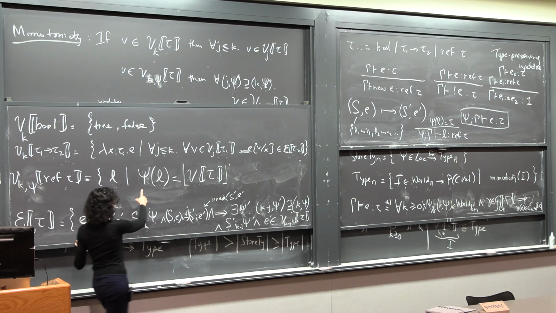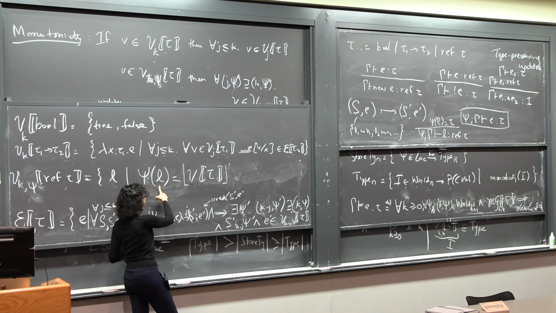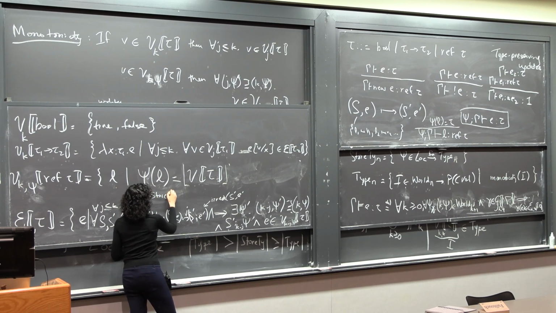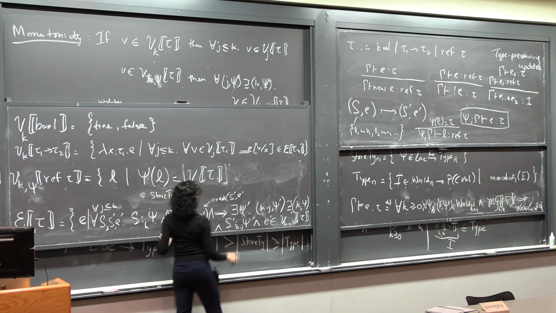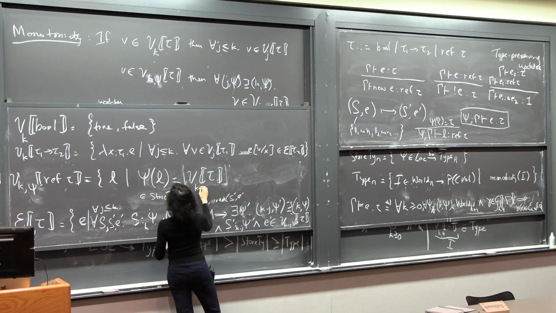So when I say go look up psi of L, what I'm getting is something from that level of the universe. So that means that I just need to compare it to V of tau for that level of the universe. Now I can write this either with some sort of floor notation, or I can write it as k minus 1, but then I have to take my psi and restrict it to k minus 1 as well.